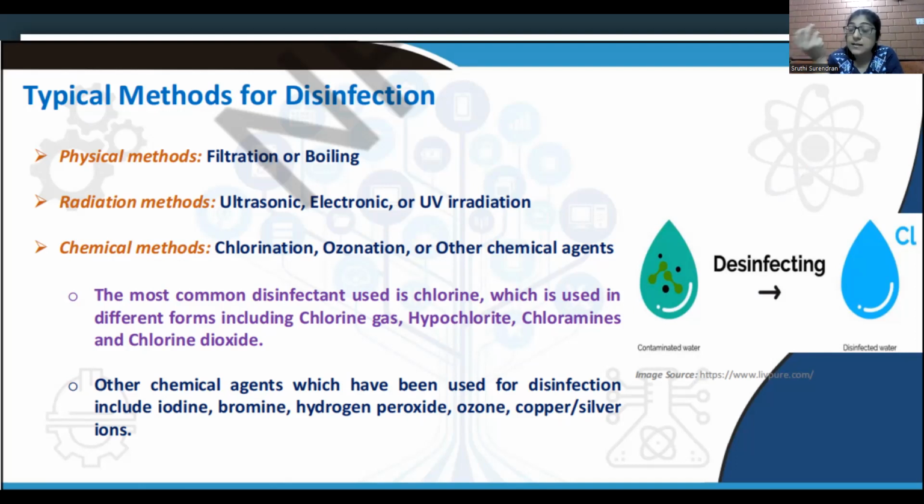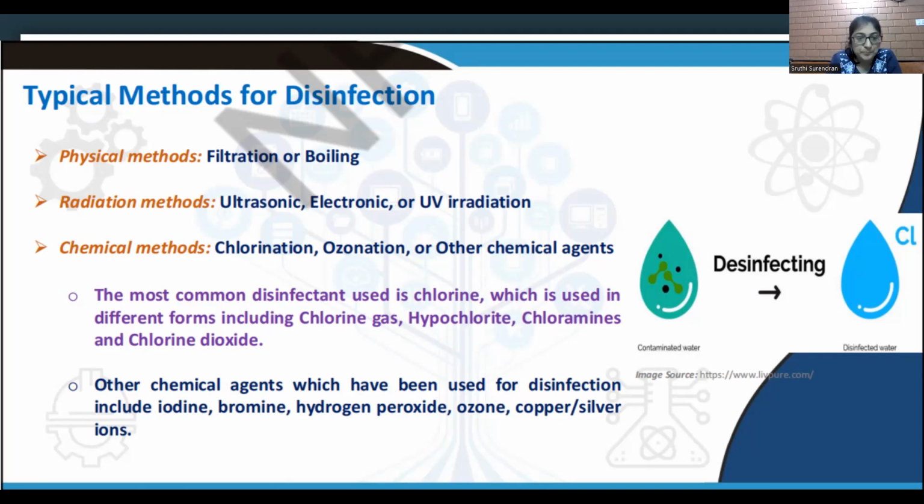So chlorine gas, hypochlorous acid, hypochlorite ion, chloramines. Chloramines are formed when chlorine reacts with ammonia and water. That is also one disinfecting product of chlorine. And chlorine dioxide are some examples of forms of chlorine used for disinfection.